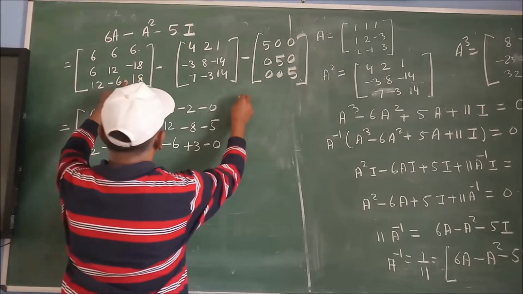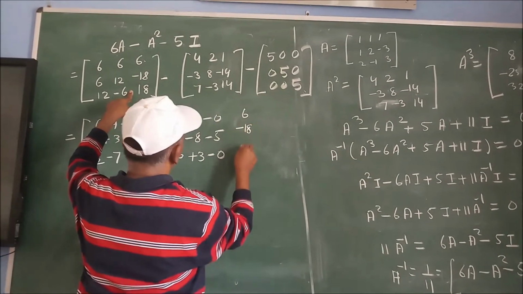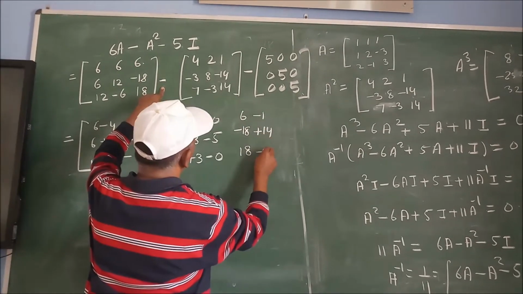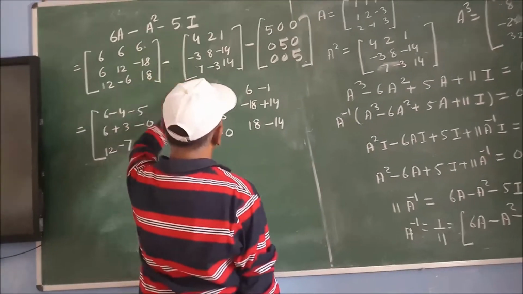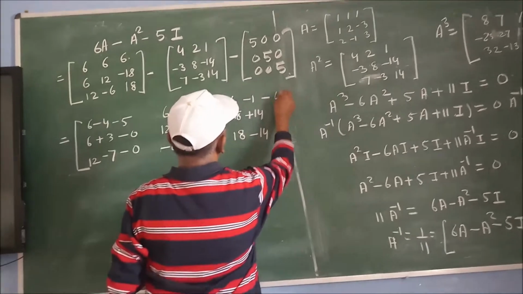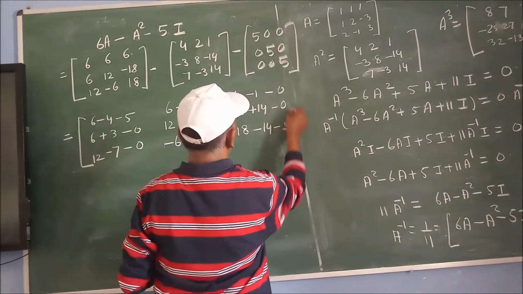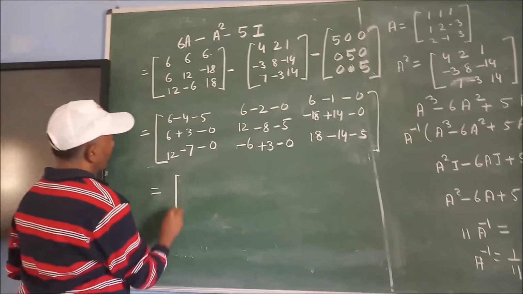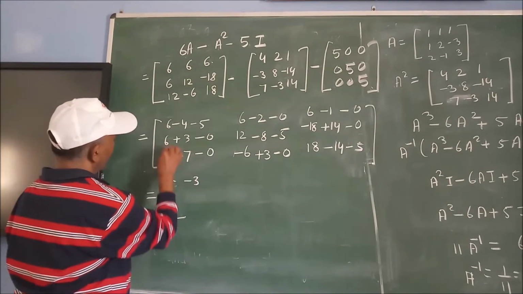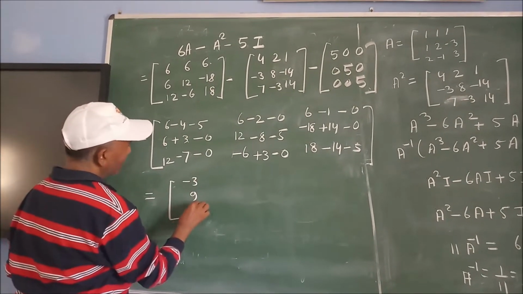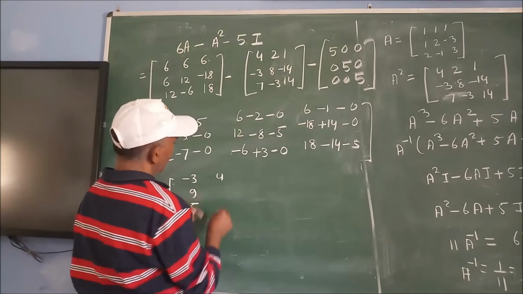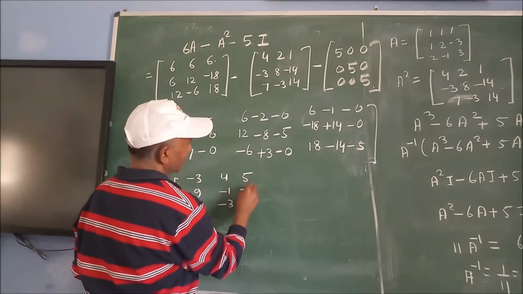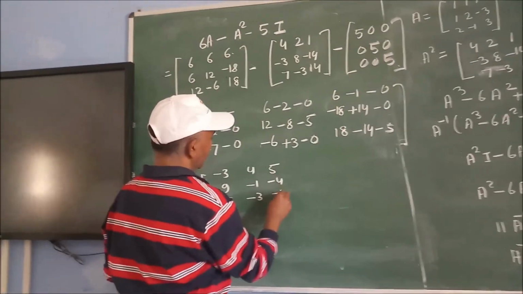And last term is your 6, minus 18, plus 18, minus 1, plus 14, minus 14, minus 1, plus 14, minus 14, minus 0, minus 0, minus 5 and solve it. So this will equal to minus 3, 9, 5, 4, minus 1, minus 3, 5, minus 4, minus 1.